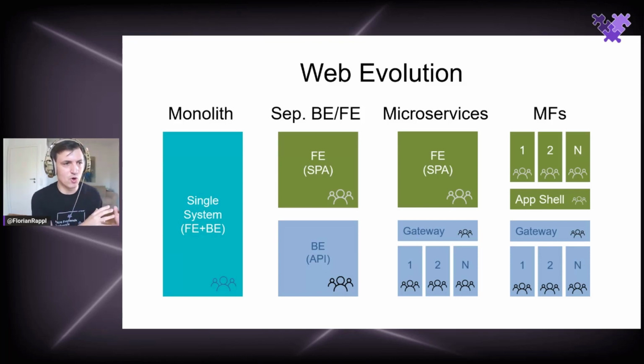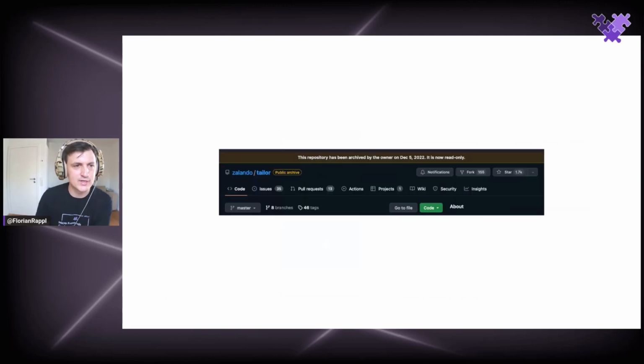But nevertheless, you always need a point where the orchestration happens, and that might be what you call an app shell. And then you have your individual teams that now provide features or fragments that are used in this composition together.